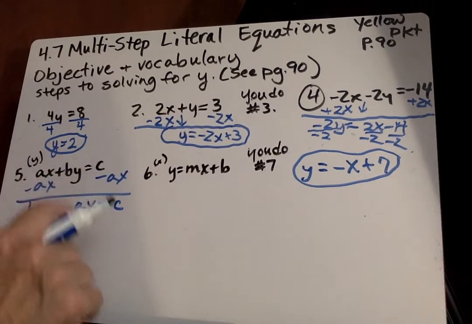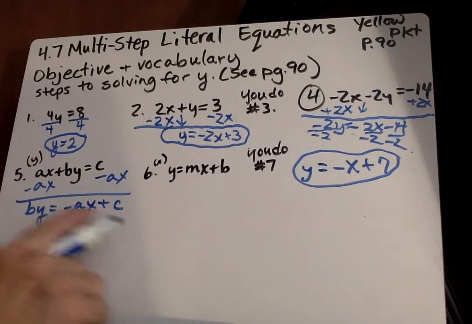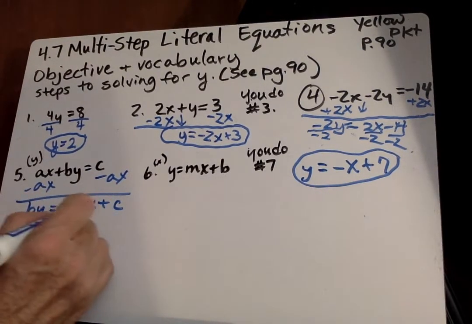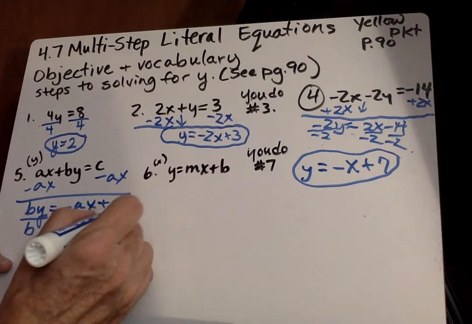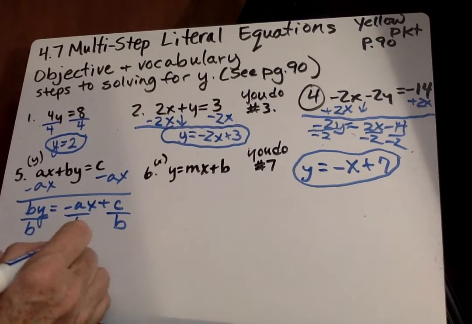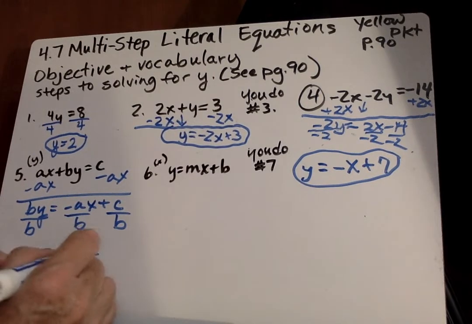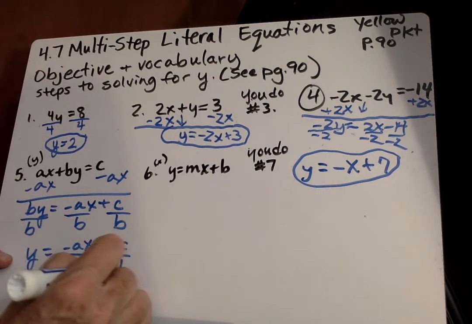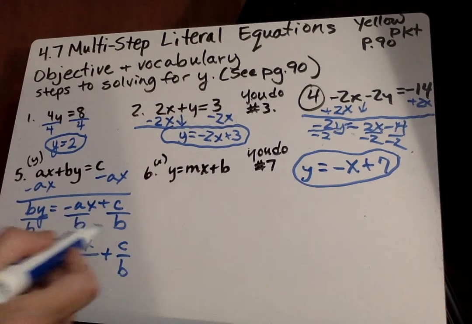Okay, c doesn't have an x or an a, so we can't combine those two. I divide by the number in front of y, and I'm going to divide everything by the number in front of y. So y equals negative ax over b plus c over b. And that is our final answer.